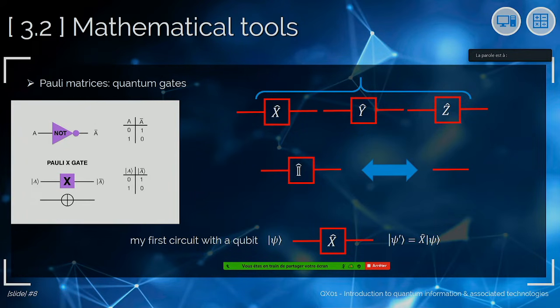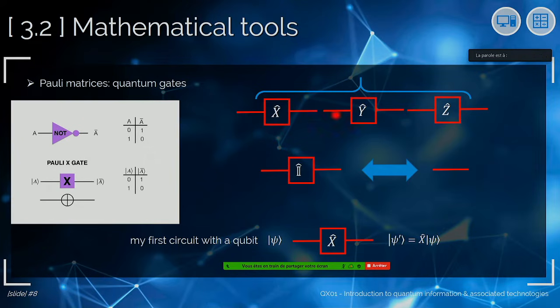So we just reverse the qubit, like in the classical case where we would reverse the 0 into 1 and the 1 into 0. Here we do the same, except that we keep the superposition. We'll see that later on. But basically, we have our first quantum circuits.